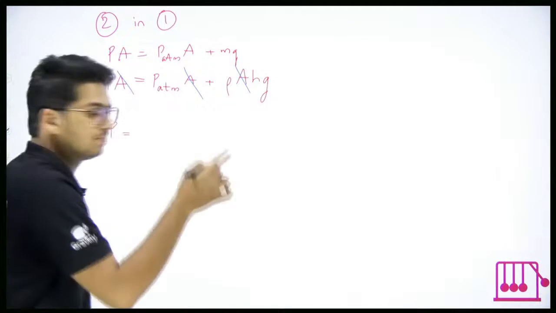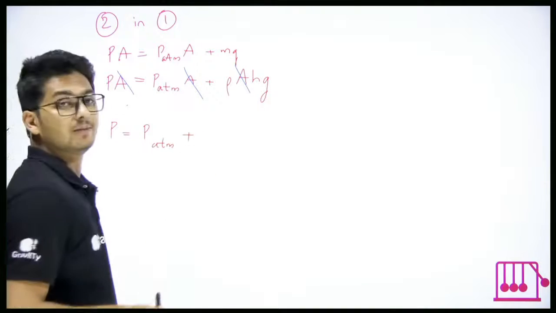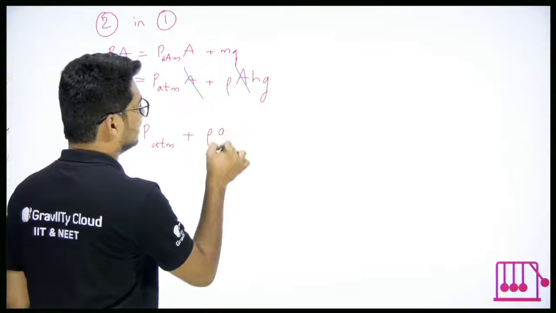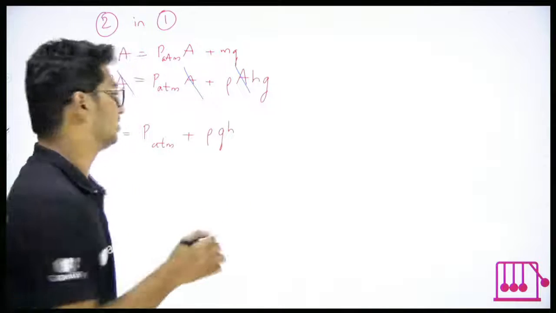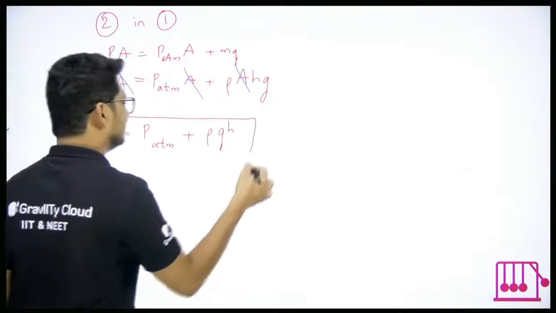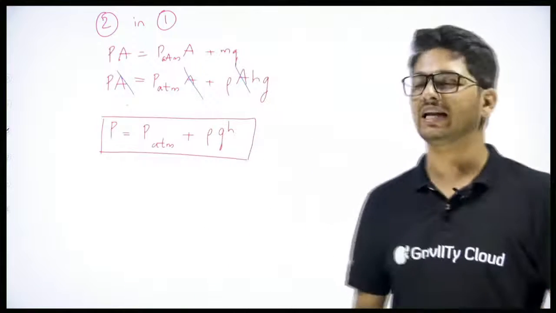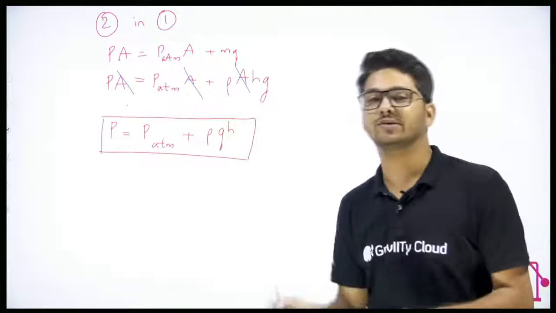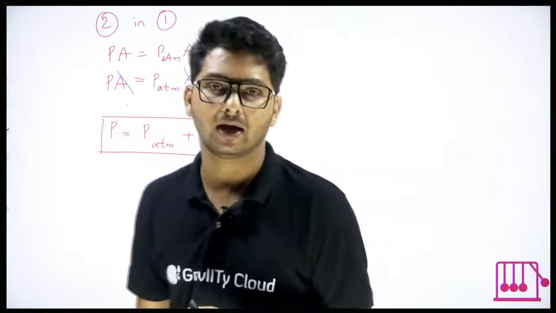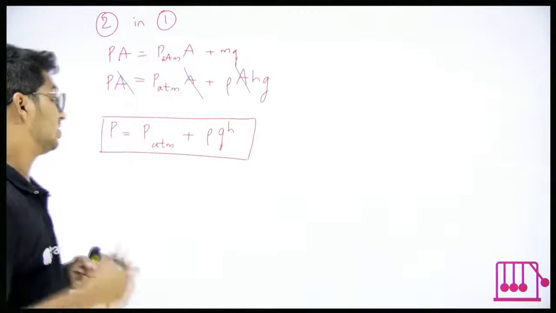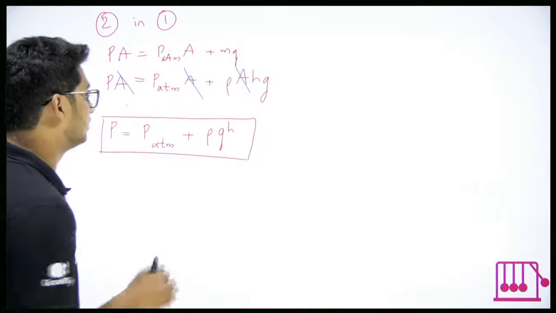Pressure at a depth h. P is equal to the atmospheric pressure plus rho GH. Rho HG, I'm writing it as rho GH. This is the formula. So pressure at a depth h in a liquid is atmospheric pressure plus rho GH. What is rho? Whenever you go into a formula, it's very important that you understand what the variables mean, very clearly.